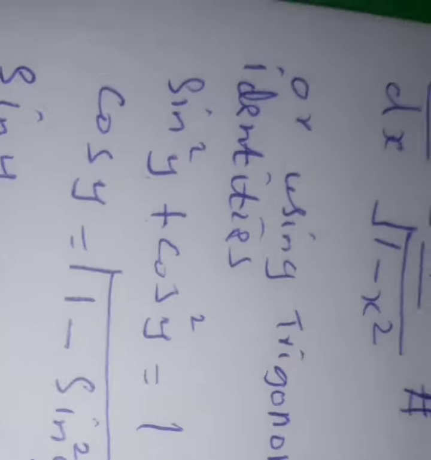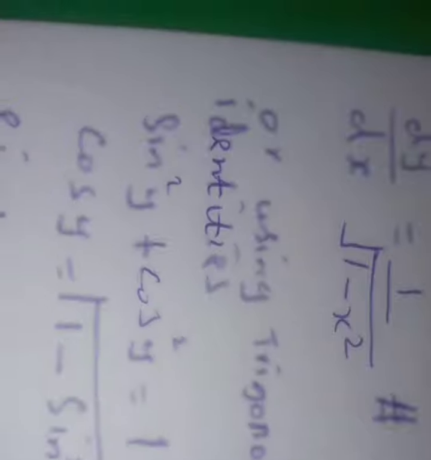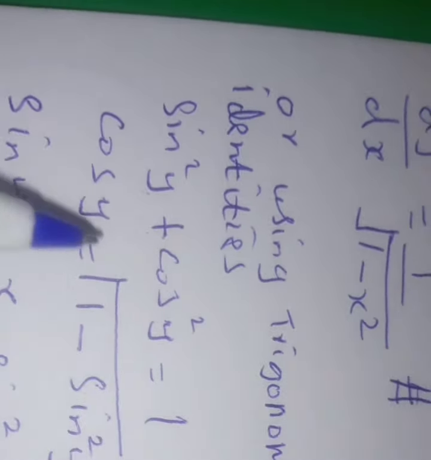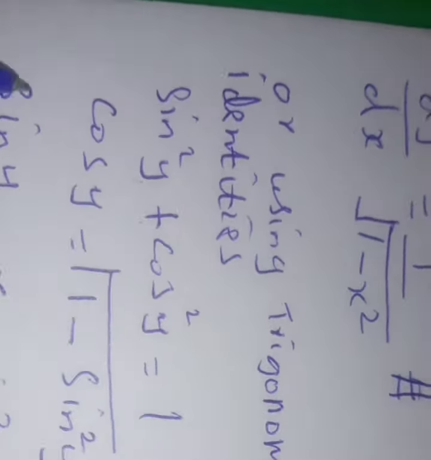Now, taking sine squared y to the other side, we will have 1 minus sine squared y. And now to get cos, we take the square root of both sides. And now cos y will be given by the square root of 1 minus sine squared y. But we know that sine y is equal to x, so sine squared y is equal to x squared, squaring both sides.